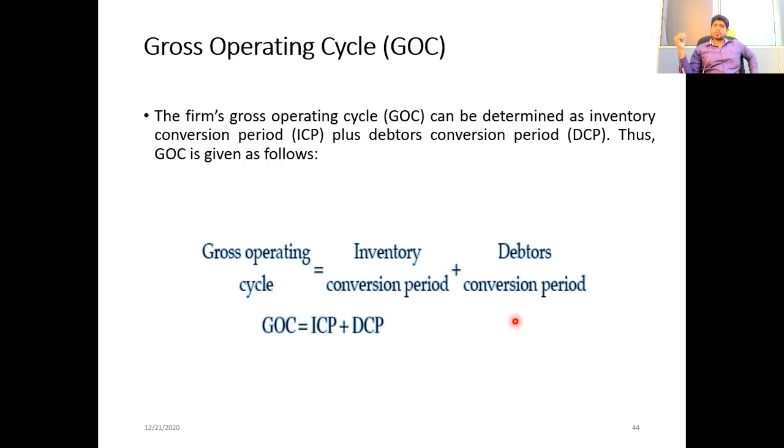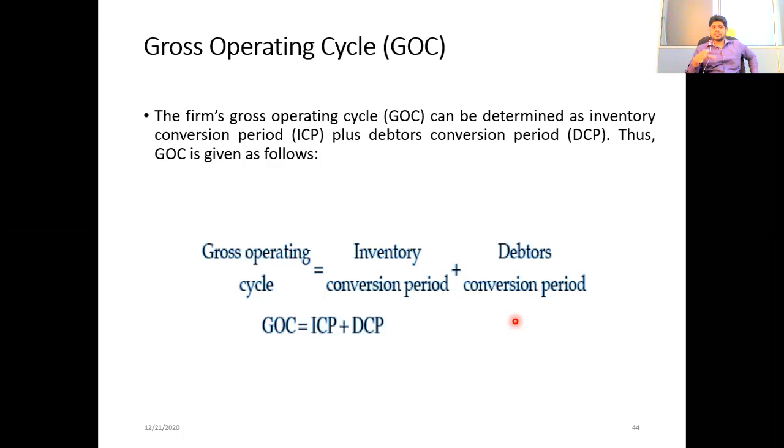The firm's gross operating cycle can be determined as the inventory conversion period. So we purchase raw material and we convert the raw material into finished goods, right? So inventory conversion period, plus we have to add a debtors conversion period.